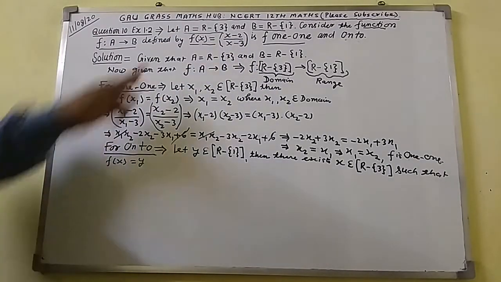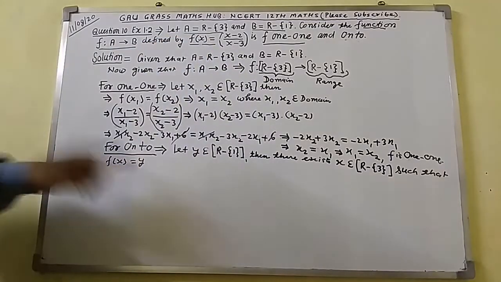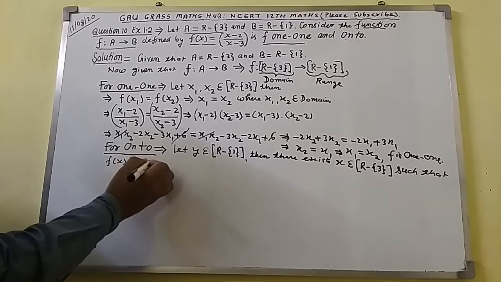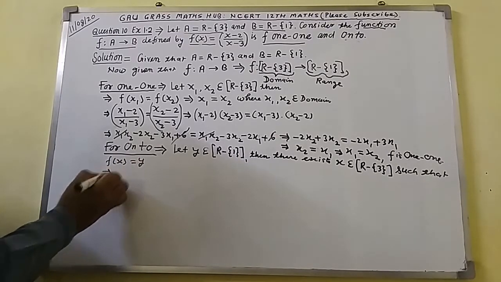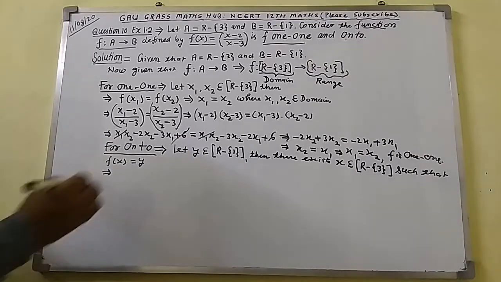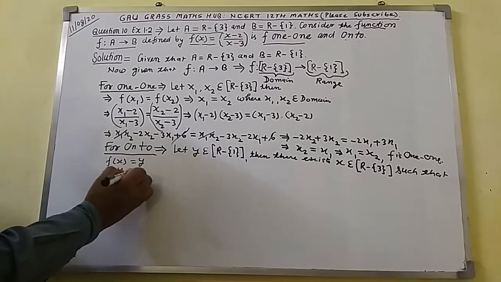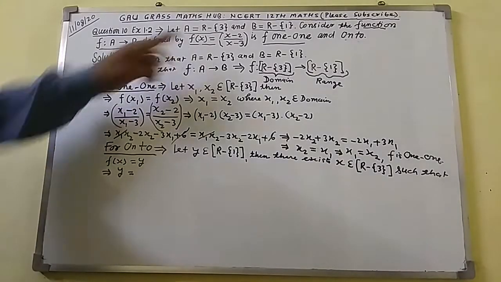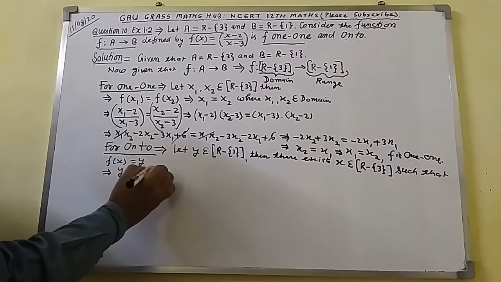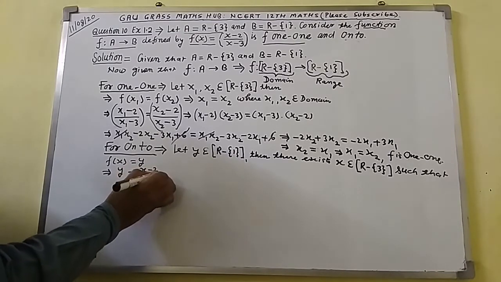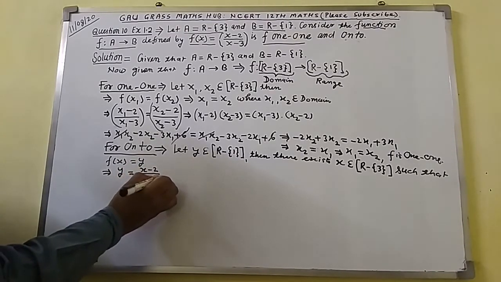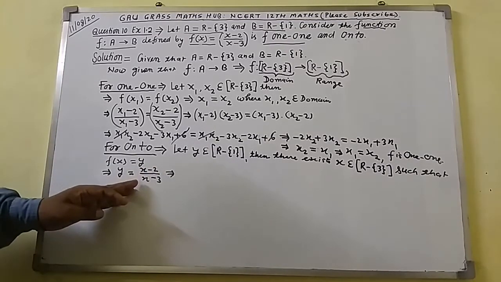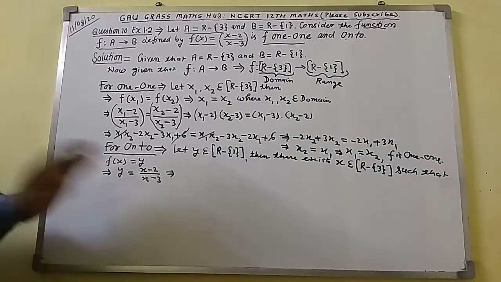So in place of fx, you write here y. So I shall write y equal to x minus 2 whole over x minus 3. This one we have got.